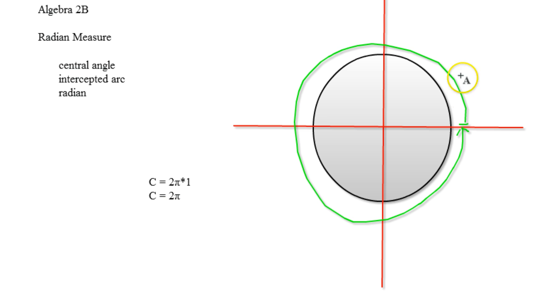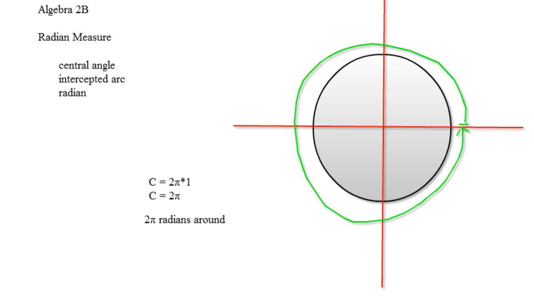Now the angle that corresponds with that is going to be 2 pi radians around, just to go around.